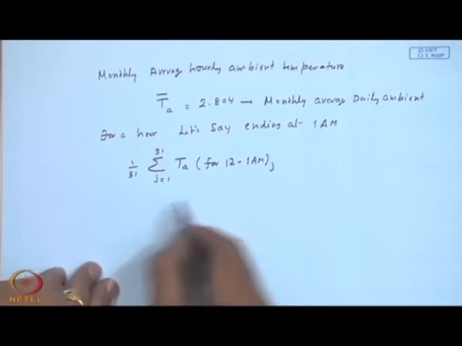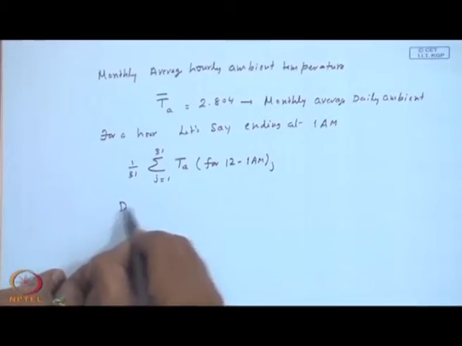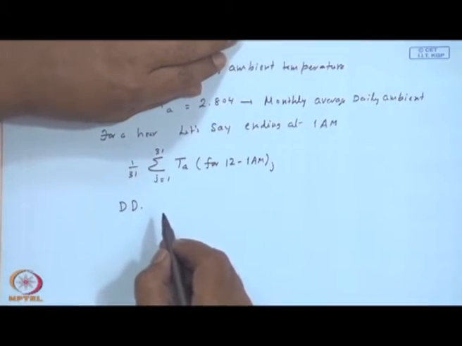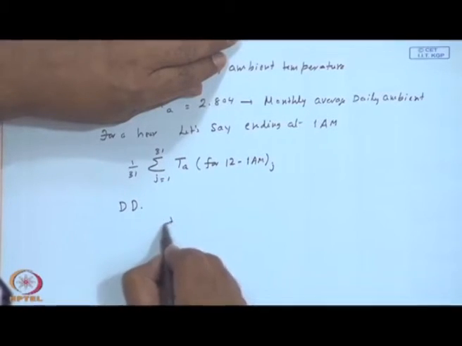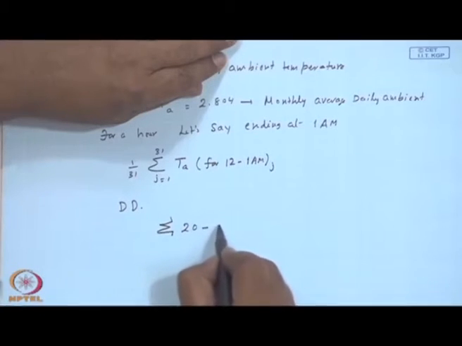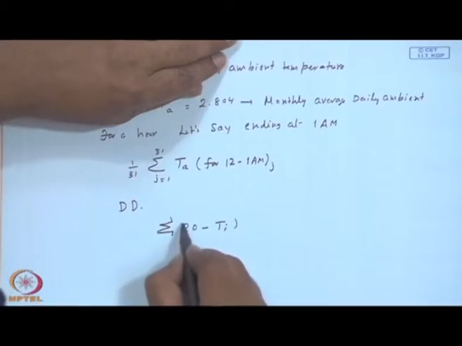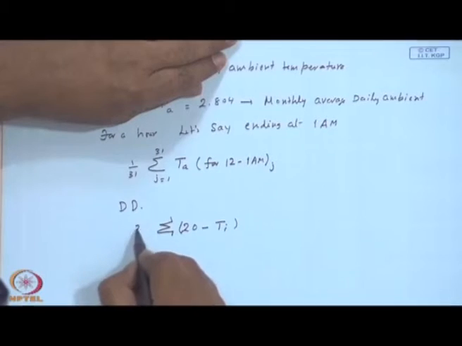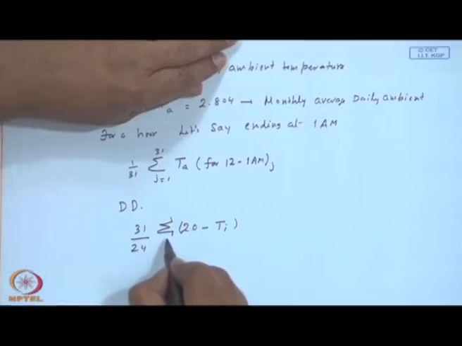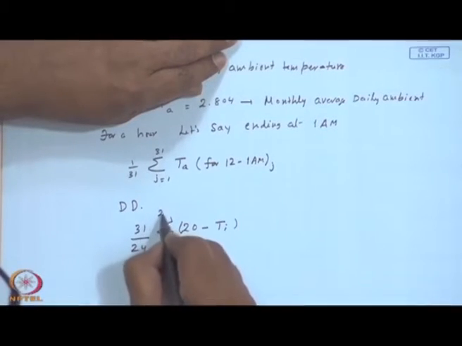Now, how do I compute degree days? First I shall write the formula, it will be easier to understand. That should be summation of 20 minus T I, into 31 by 24, and this is for I from 1 to 24.